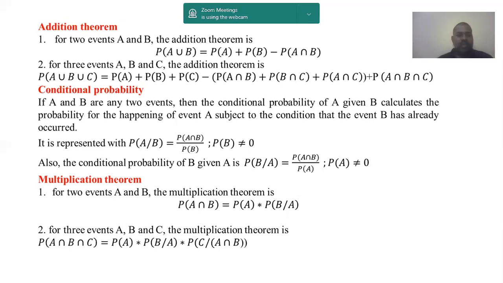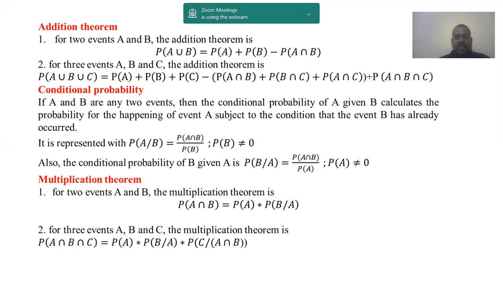The next definition is conditional probability. If A and B are any two events, then the conditional probability of A given B calculates the probability of the happening of event A, subject to the condition that event B has already occurred.